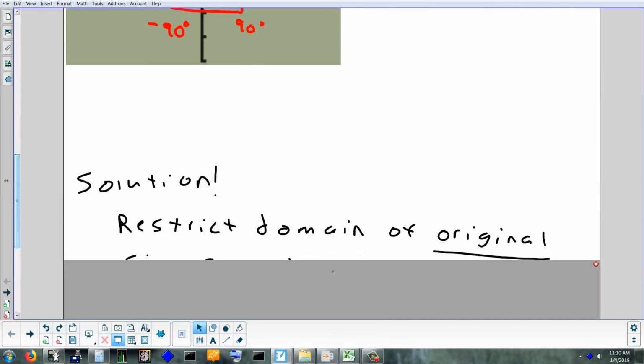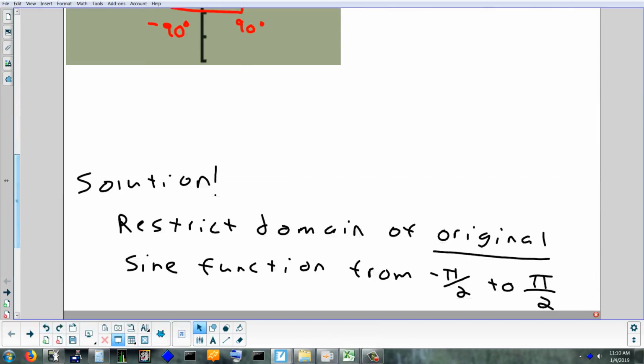So the solution to our problem for not having an inverse is to take the domain of the sine function and pretend that the rest of it doesn't even exist. We're only going to focus on the section from negative 90 to 90, or in radians, negative pi over 2 to pi over 2.